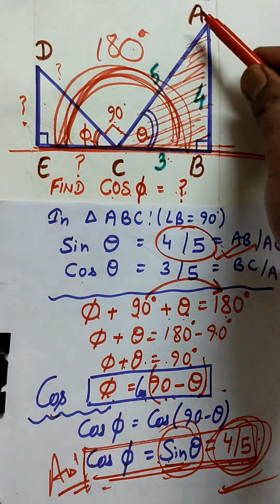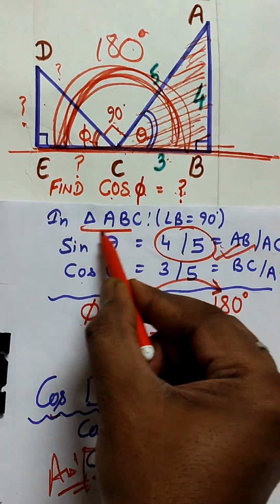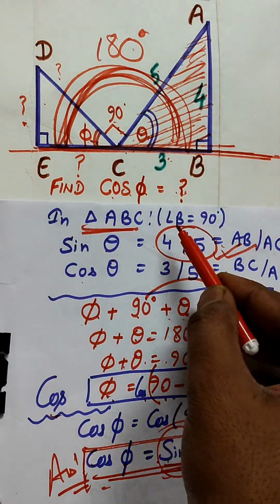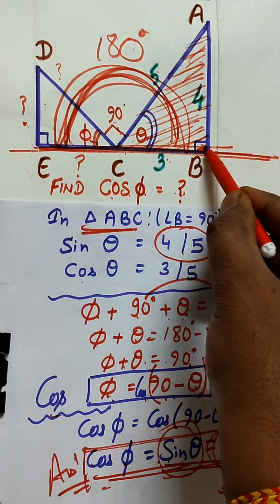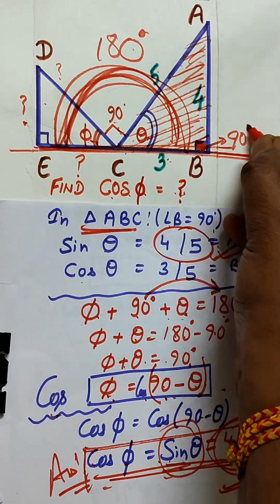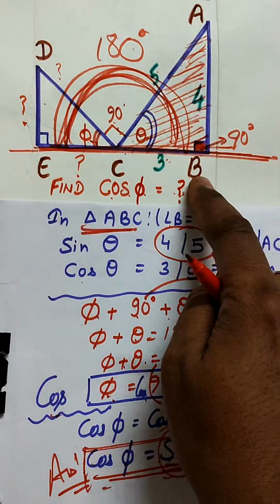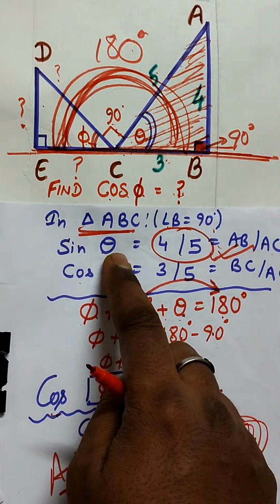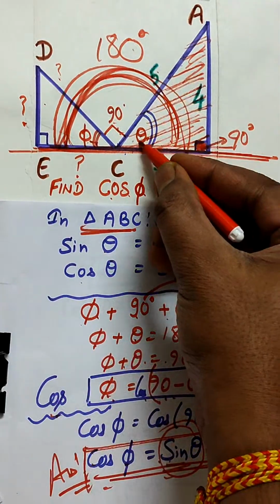In this triangle ABC, angle B is 90 degrees, this is perpendicular, right? Here sine theta is 4 by 5, because this is angle theta.